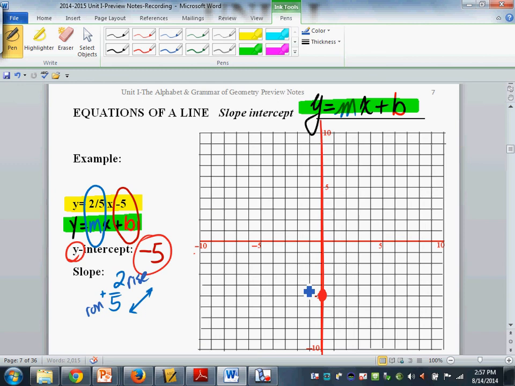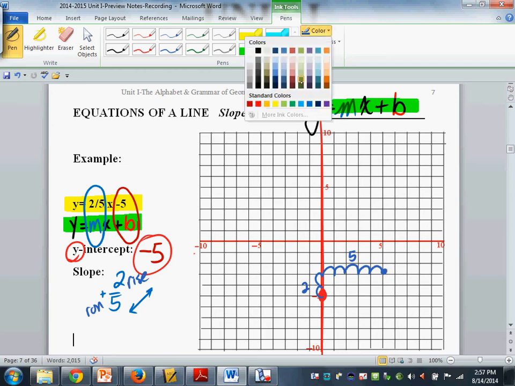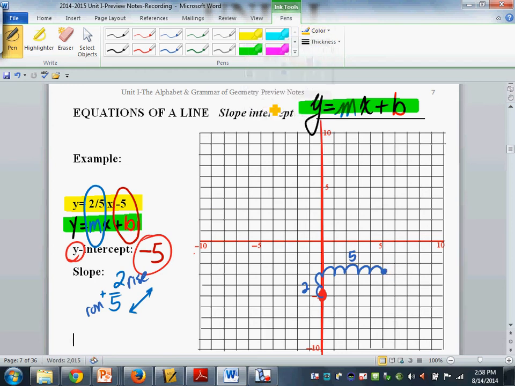Now we count out our rise and our run, and we want our line to tilt to the right. So we go up 2, that's our rise, and over 5, 1, 2, 3, 4, 5. There's your second dot. Now you want to graph your line.